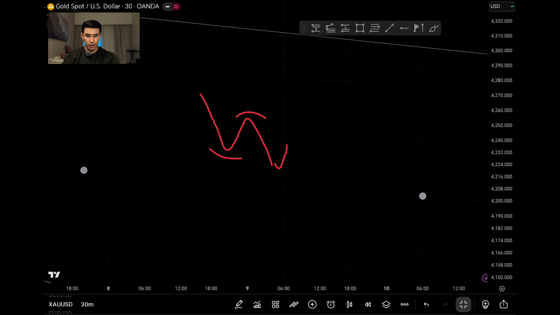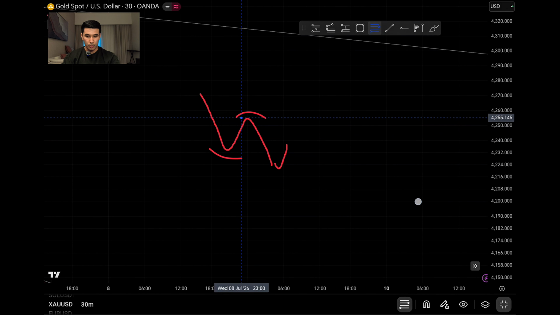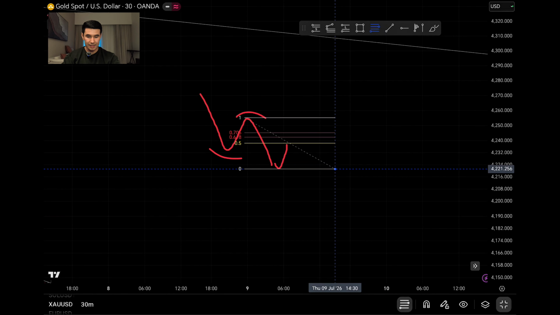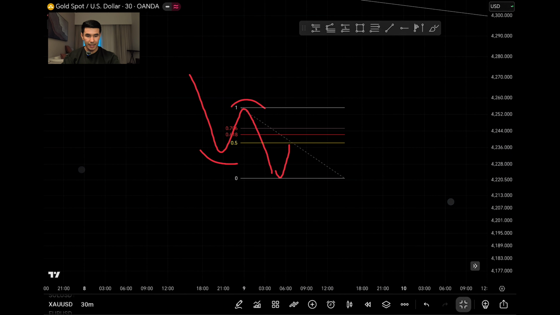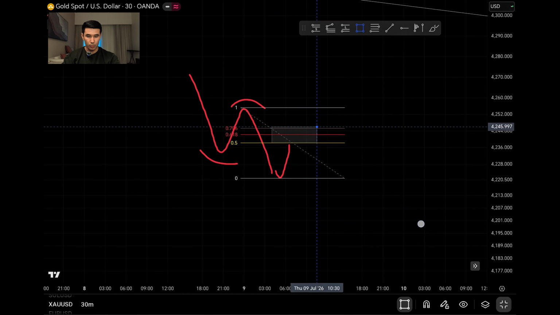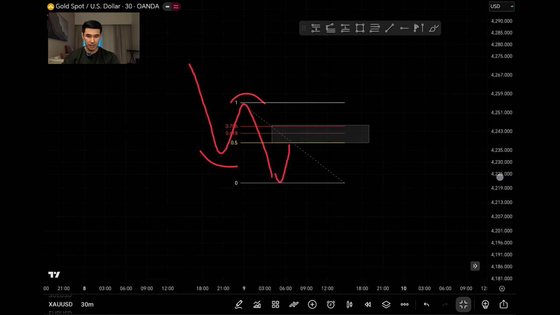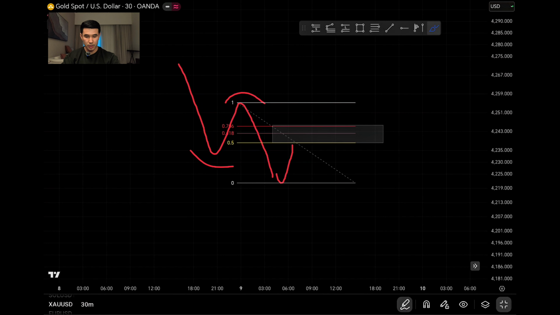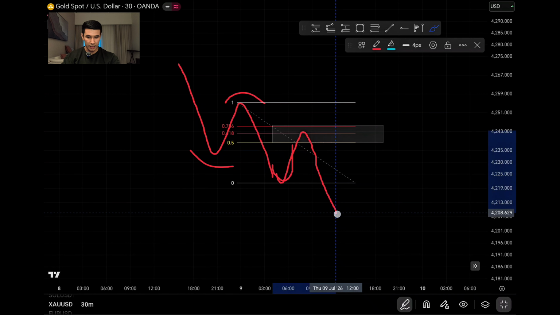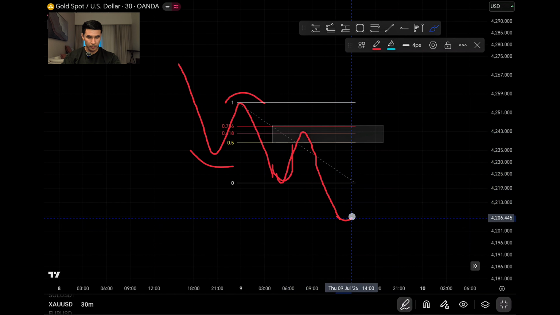When it starts returning, you put the Fibonacci from the top of the higher low to the lower low, the place where it started returning back, and it has a 3 golden zone: 0.5, 0.618 and 0.706. So you mark up these 3 golden zones, and usually when the market returns from there it will go down again.